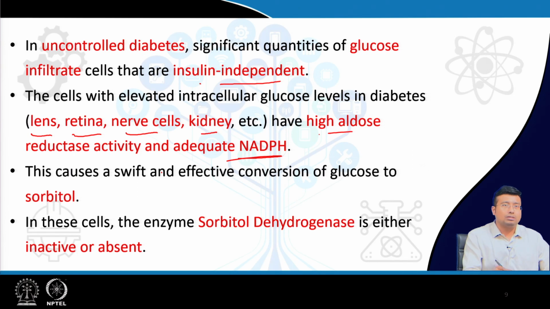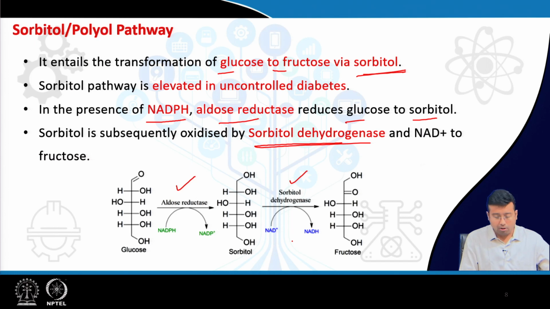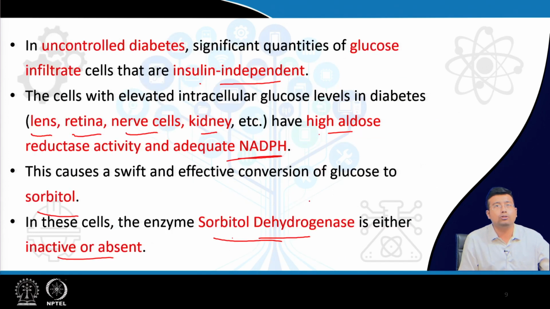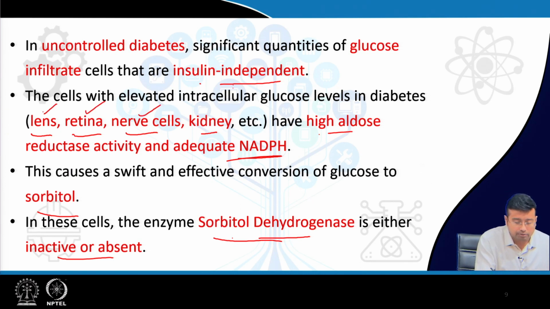All this glucose is converted to sorbitol, but once it is converted to sorbitol, in diabetes these cells have sorbitol dehydrogenase either inactive or absent, because there is a finite amount of sorbitol that sorbitol dehydrogenase can convert to fructose, but if an excess amount of sorbitol is being produced, this enzyme will not be able to cope up, and it has been seen there is down regulation of sorbitol dehydrogenase in these cells, especially in lens, retina, nerve cell and kidney.